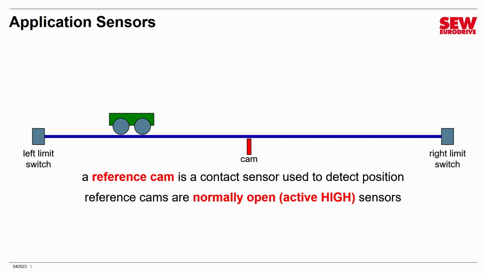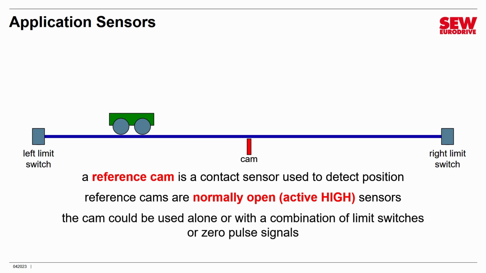Usually non-mission critical things are active high because they're a little more intuitive, and also it prevents them from being falsely triggered if their power supply fails. So what you usually do with a reference cam is you simply move until you touch the cam, and then you back off it just until it clears, and then you're referenced. Cams can be used either alone or in a combination with limit switches or zero pulse signals.